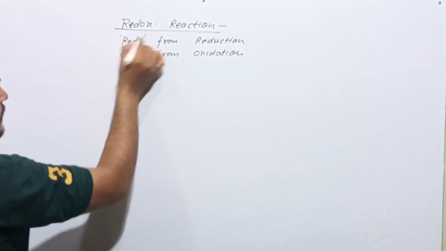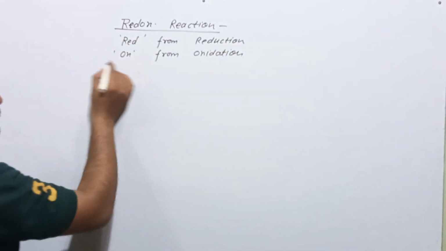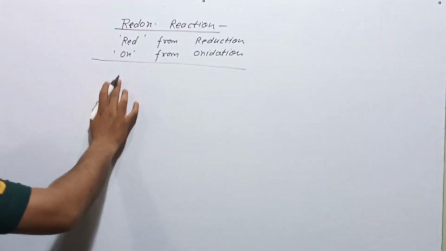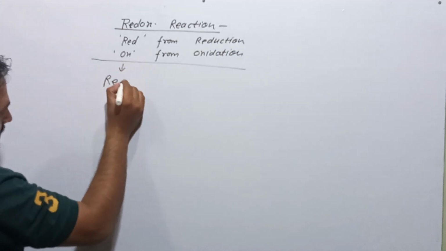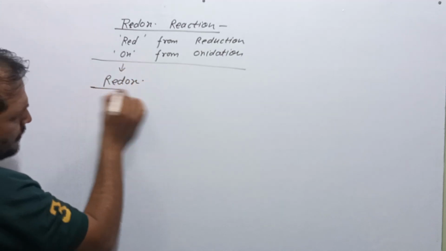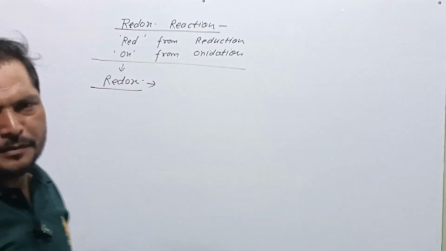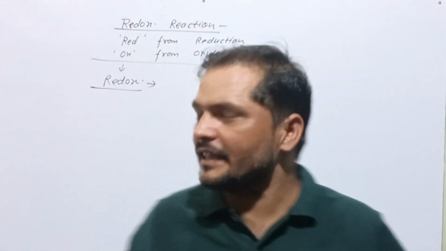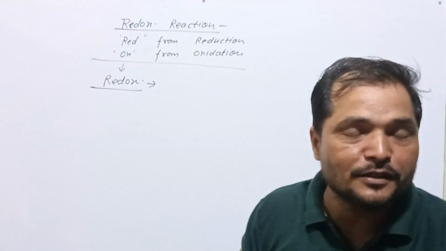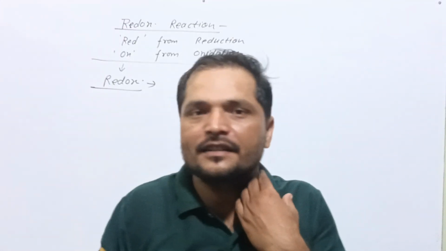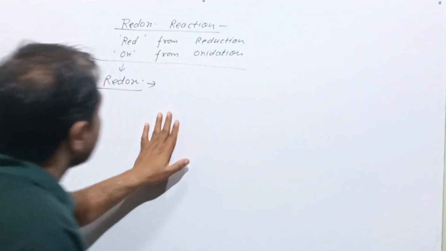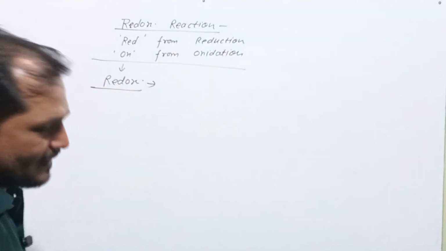When both red and ox combine together, they provide the name redox. Now it has been cleared that a reaction in which both the reduction and oxidation types of reaction happen is known as a redox reaction.